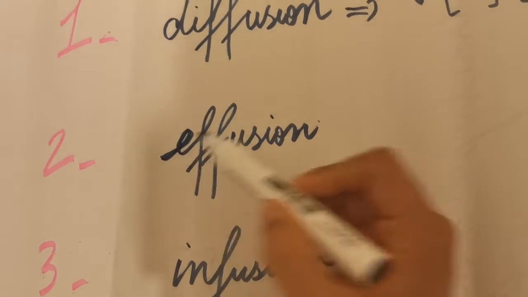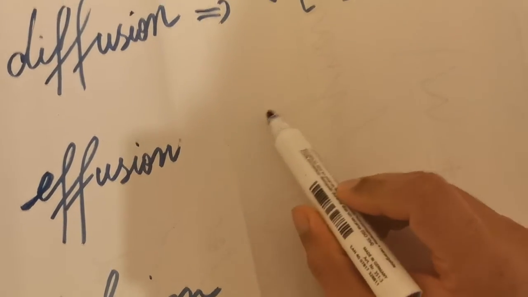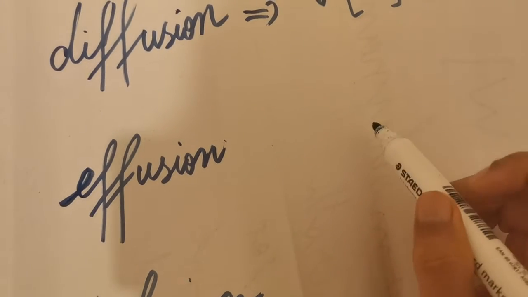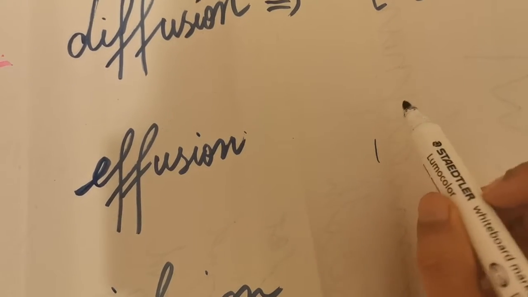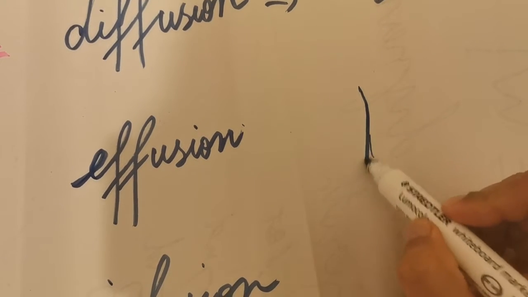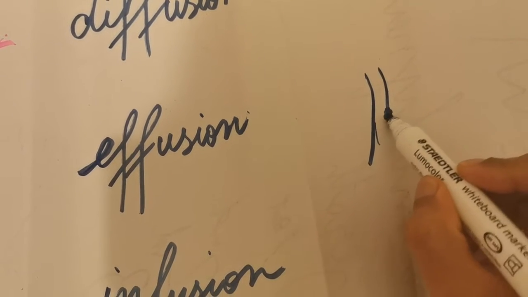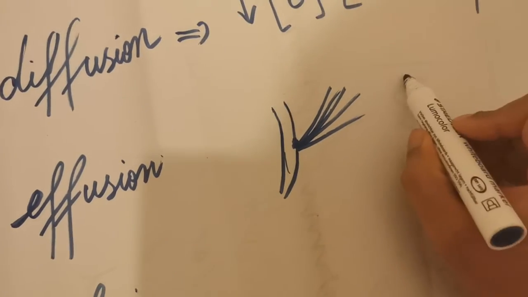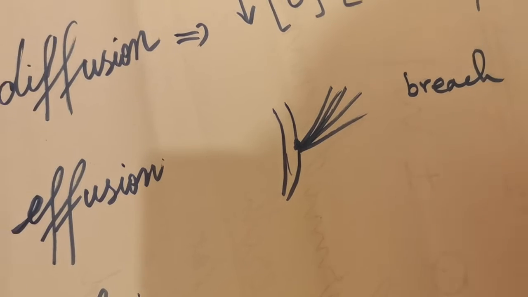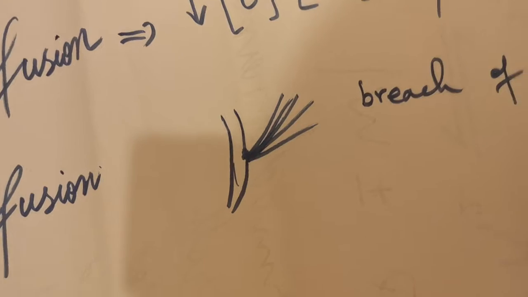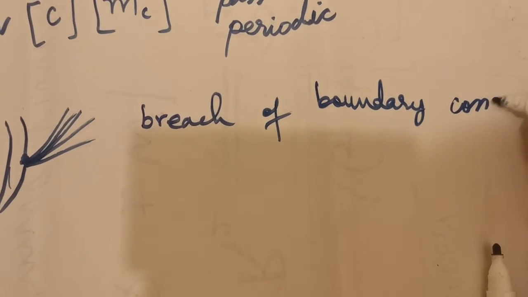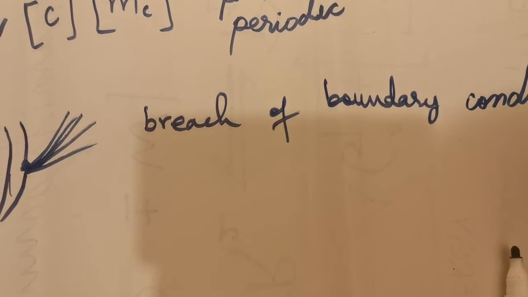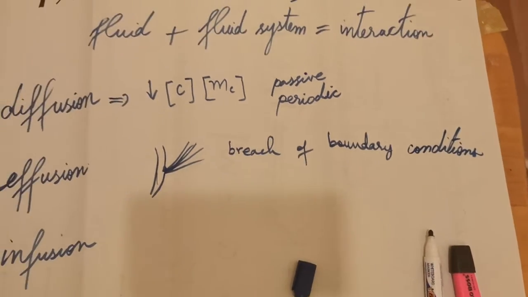Now, effusion is something popping out, like for example, if there's a puncture in the artery or vesicle, when a tire punctures, if you've got a boundary and the boundary conditions are breached, or it's a wound, so breach of boundary conditions.